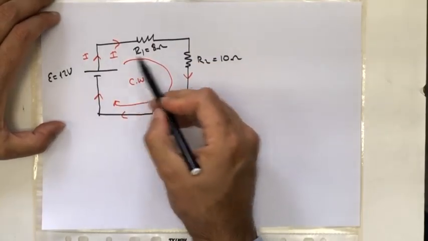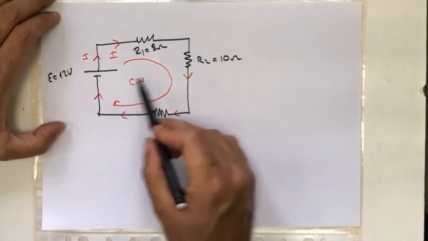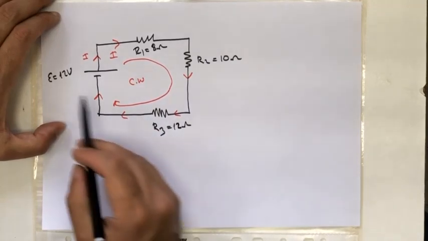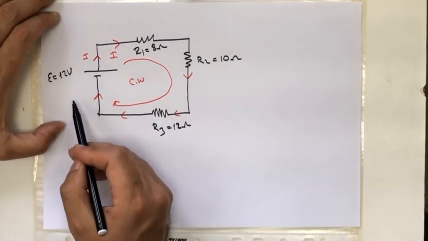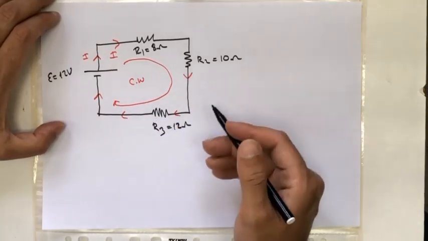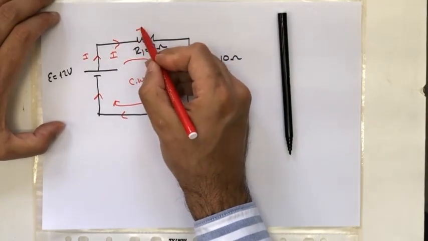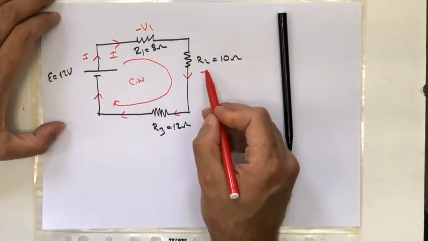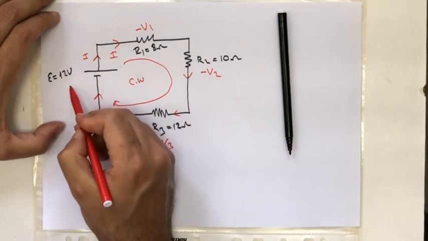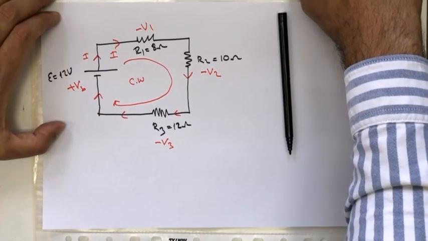As it flows through R1, R2, and R3, the voltage across each resistor will decrease, since they decrease the energy of the charges, but the battery will supply energy to the circuit. So while we are writing the potential difference across each circuit element, we will assign it like that. This will be minus V1, this will be minus V2, this will be minus V3, and the battery will be plus V, let's say V_B, battery.